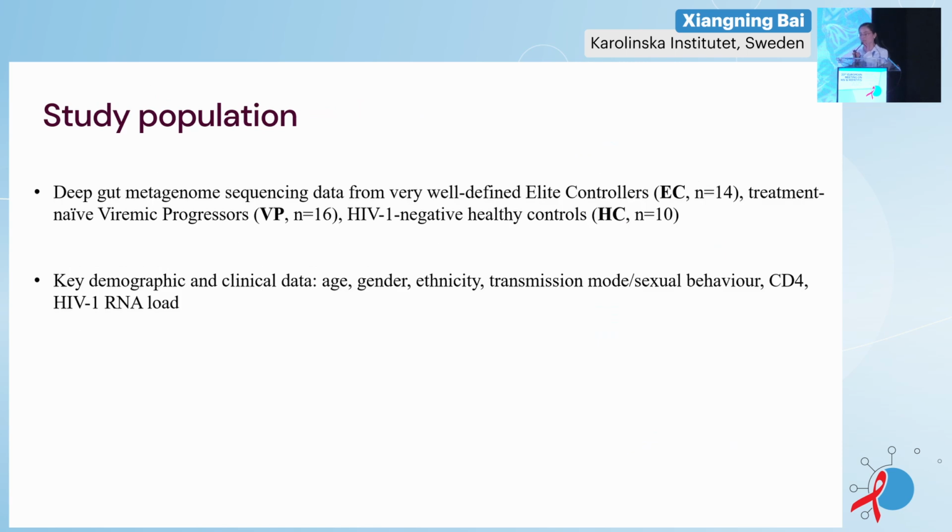In this study, we have performed deep shotgun metagenome sequencing, over 50 million reads per sample, from a well-defined elite control cohort, also including controls, both HIV treatment naive HIV patients and HIV negative healthy controls. We collected the key demographic and clinical data, including age, gender, origin, and also transmission mode or sexual behavior, which has been reported to be linked with HIV-specific gut microbiome dysbiosis.